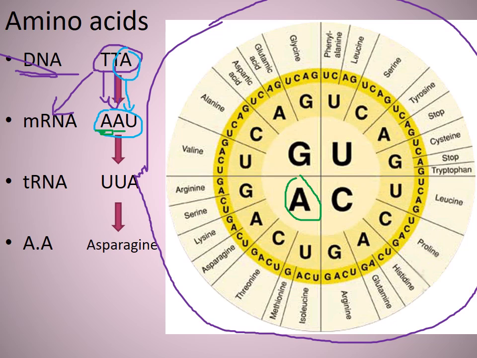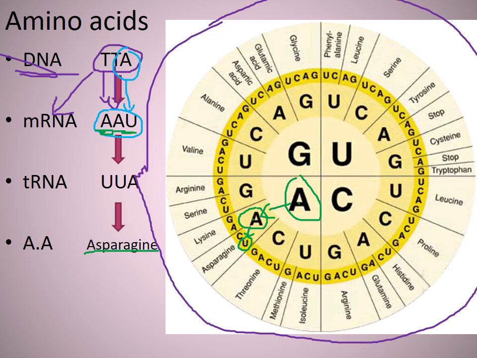What's the next letter? A. So we go from A to A. Now we're on to our second letter. Finally, our third letter. What's the third letter of this codon? U. So we jump to U here. We have our sequence here, A, A, U, and that specific codon is asparagine.